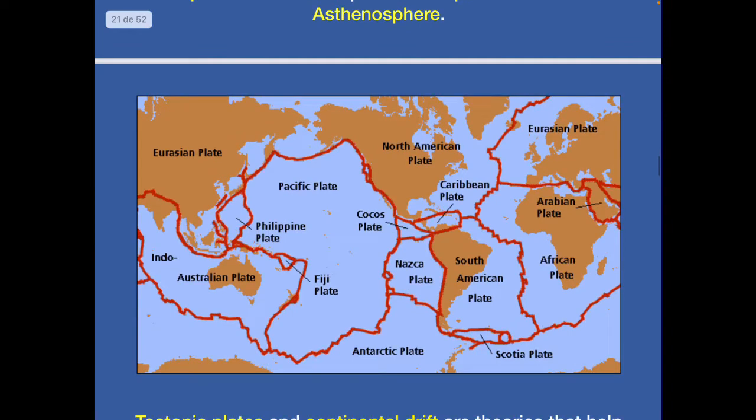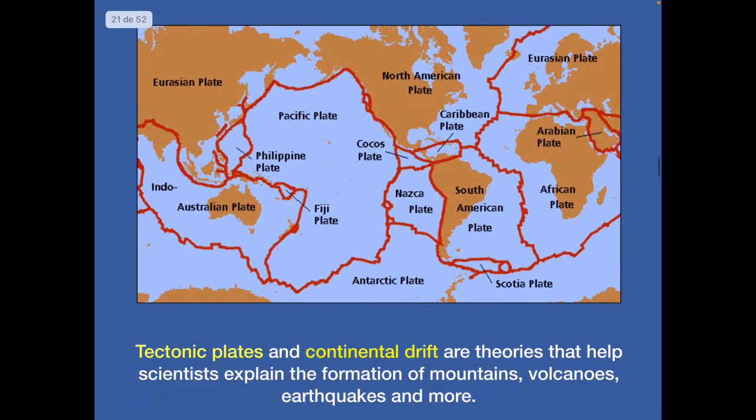So this is going to get us to a very nice scientific theory that we have in geography and in geology, that are the tectonic plates and continental drift. They are theories that help us explain the formation of mountains, the formation of volcanoes, why and how do we have earthquakes, and a lot of more things. Why? Because first of all, this is a theory because it has a lot of background, because it has a lot of proof.